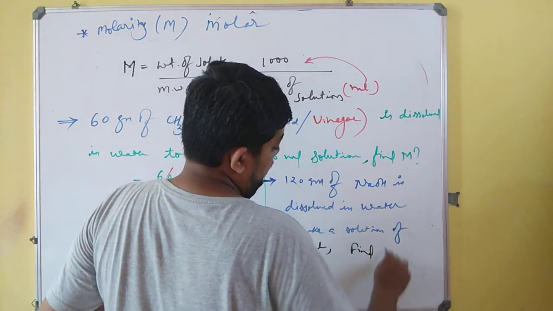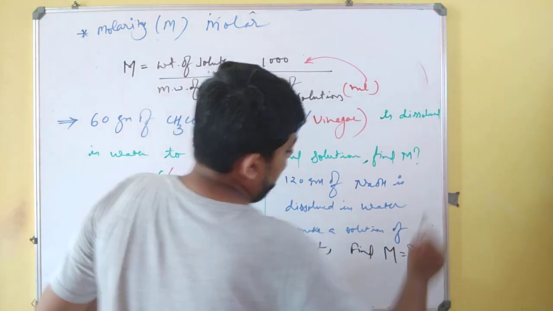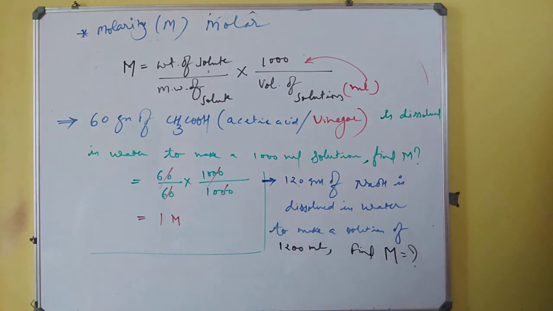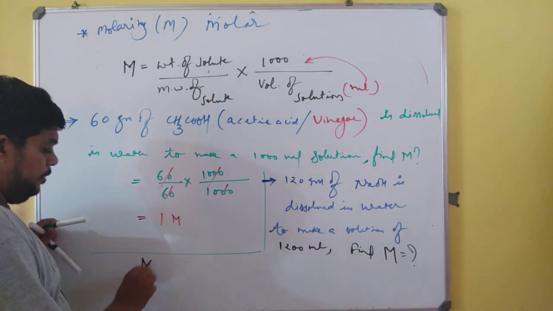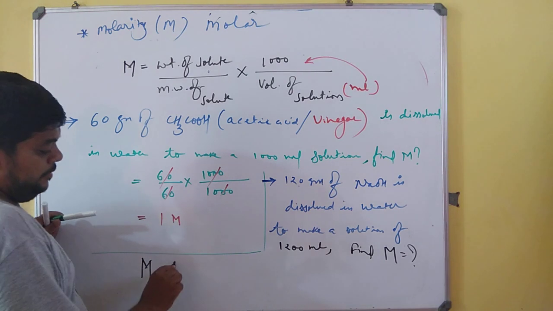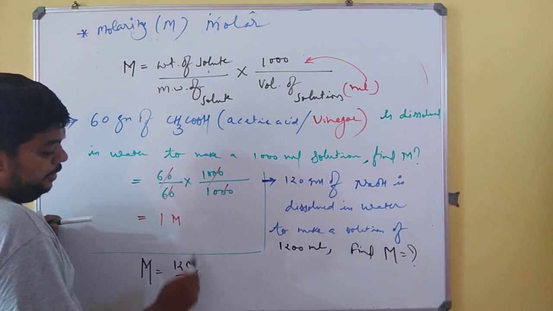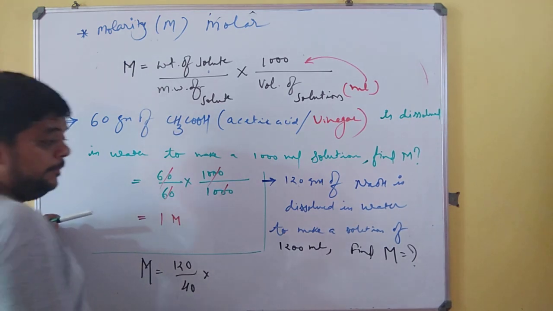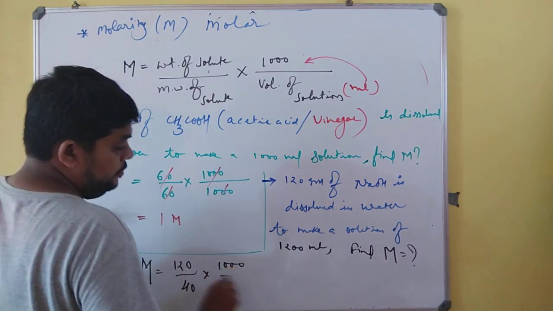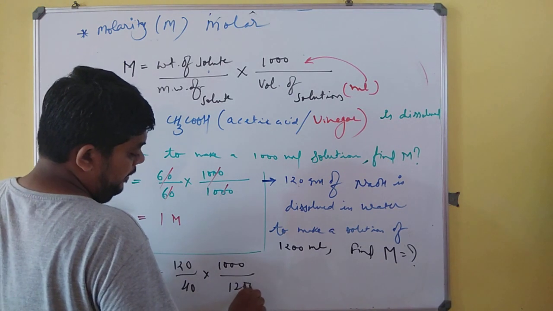Find molarity, or in other words, calculate molarity. So molarity would be weight of solute, that is 120 gram, molecular weight of solute, that is 40 gram, into 1000 by 1200.